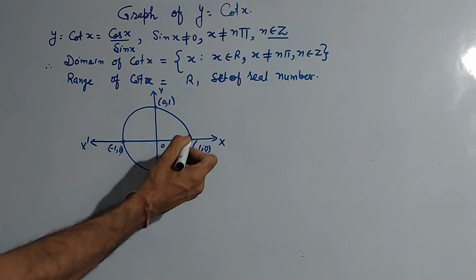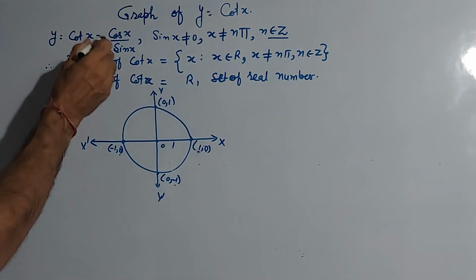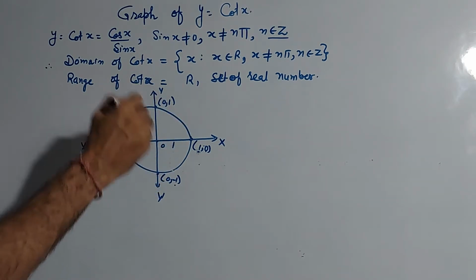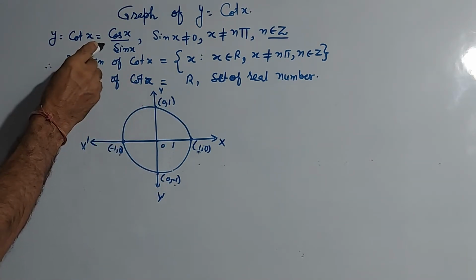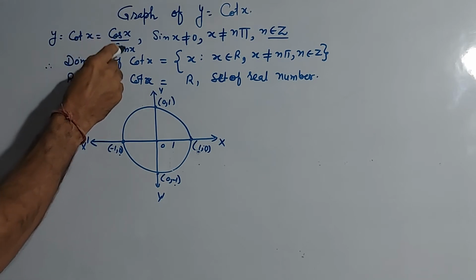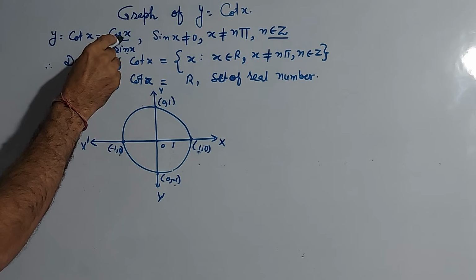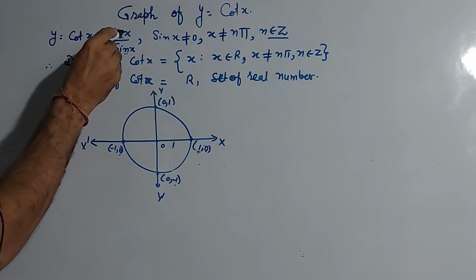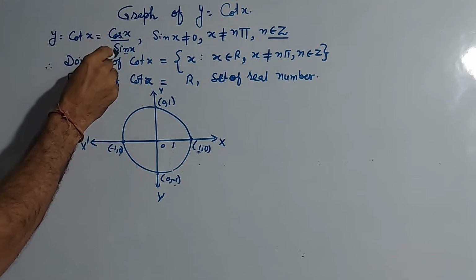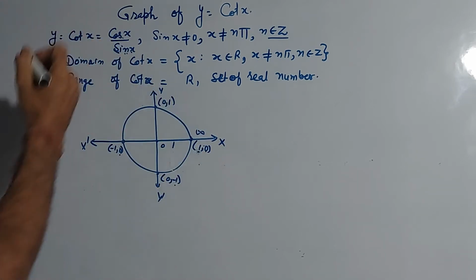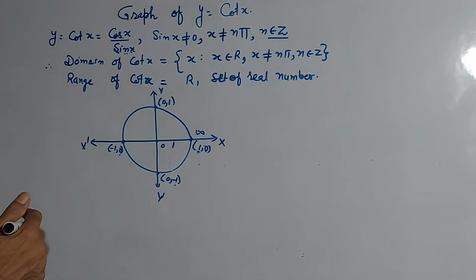Now see, at 0 degree we go in the anti-clockwise direction. Here cot x is cos x upon sin x. At 0 degree, cos 0 is 1 and sin 0 is 0, so the value will be undefined, infinity.